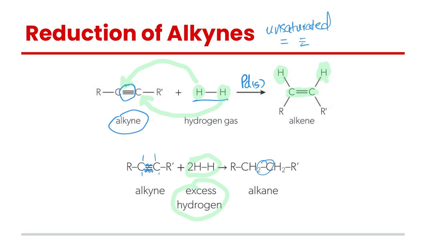If we want to go from an alkyne to an alkane, we not only require this excess hydrogen, but we also require a transition metal catalyst. So something like solid nickel is a great catalyst, or solid platinum is a great catalyst. Both reactions do result in a decrease in the degree of unsaturation, so something worthwhile to remember.